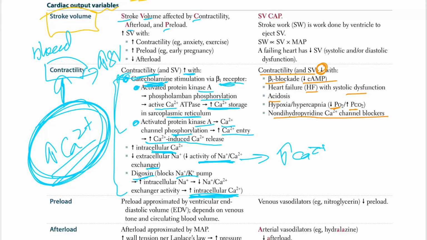These are all the things which would decrease the calcium levels, causing a decrease in contractility. And acidosis is a decrease in pH; a decrease in oxygen and an increase in bicarb would do the same thing, cause acidosis, a decrease in pH. Non-dihydropyridines, you're specific about these. They are verapamil and diltiazem.